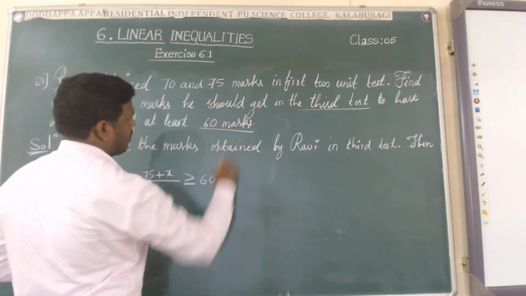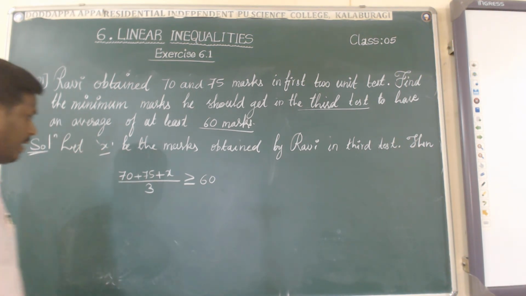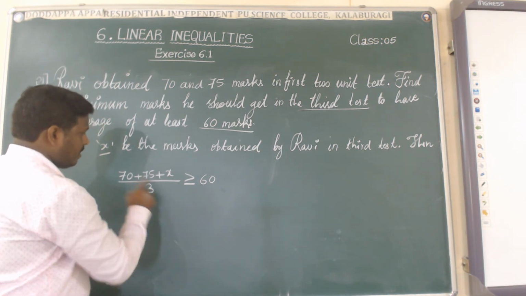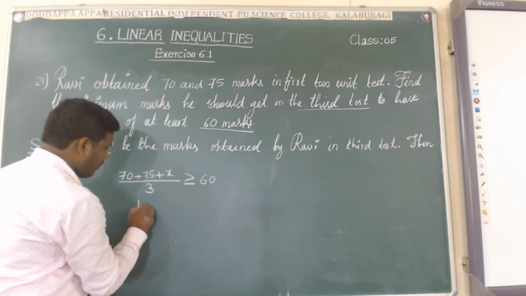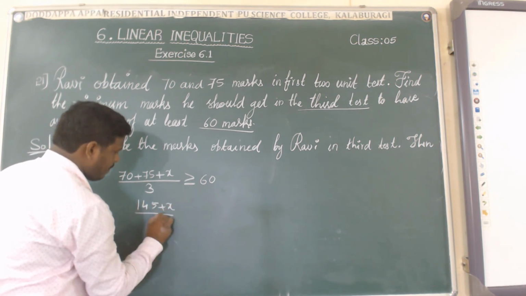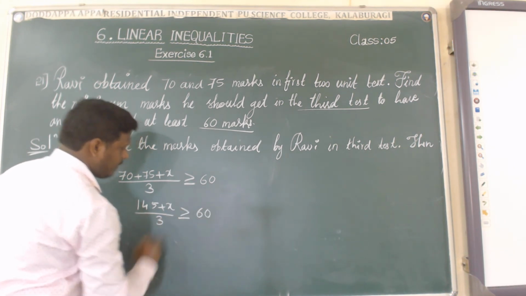Now simplify by using the rule of inequality. Simplifying the numerator, this will be 145 plus x divided by 3 is more than or equal to 60.